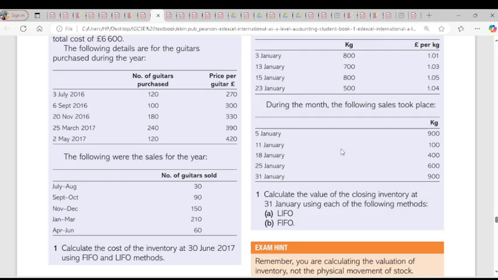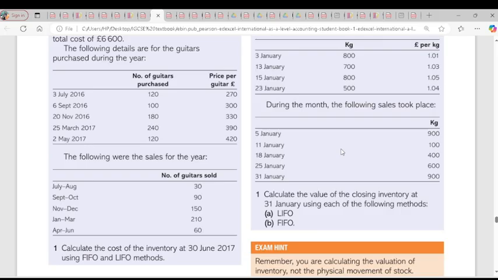That's the value. Then the value for May 2017 is 120, because after April it is May. 120 multiplied by 420, that's 50,400. That's what you add to the April inventory, which gives 102,270. So the FIFO is 102,270.